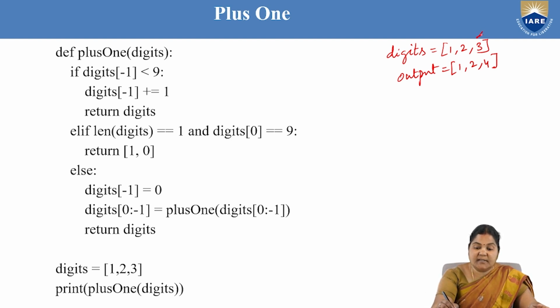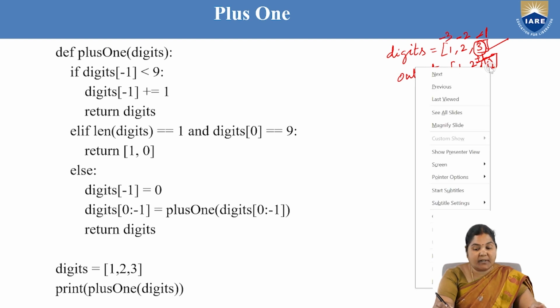Let us say the index number is -1, here the index number is -2, here the index number is -3. The last digit is 3. If I add 1 to that, I'm going to get this digit. Okay. So if this value is less than 9, then I can simply add 1 and I'll get my required output. Right.